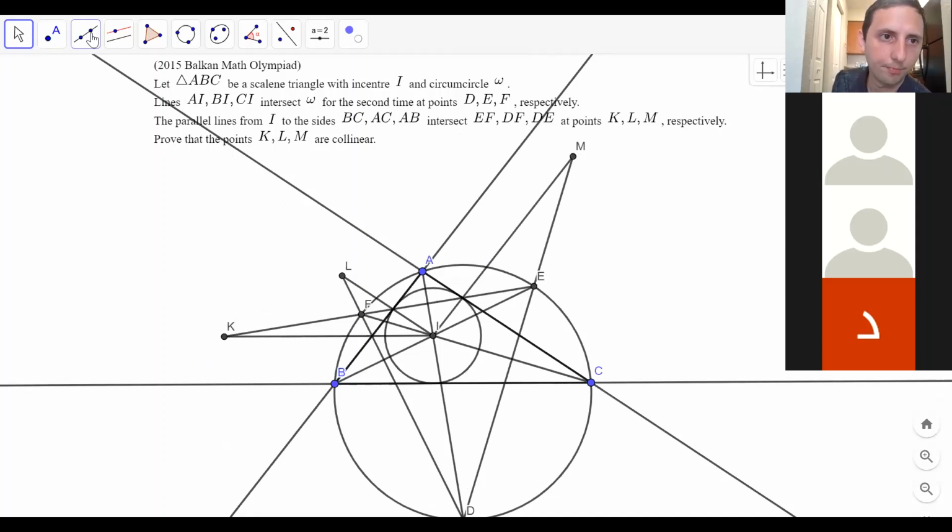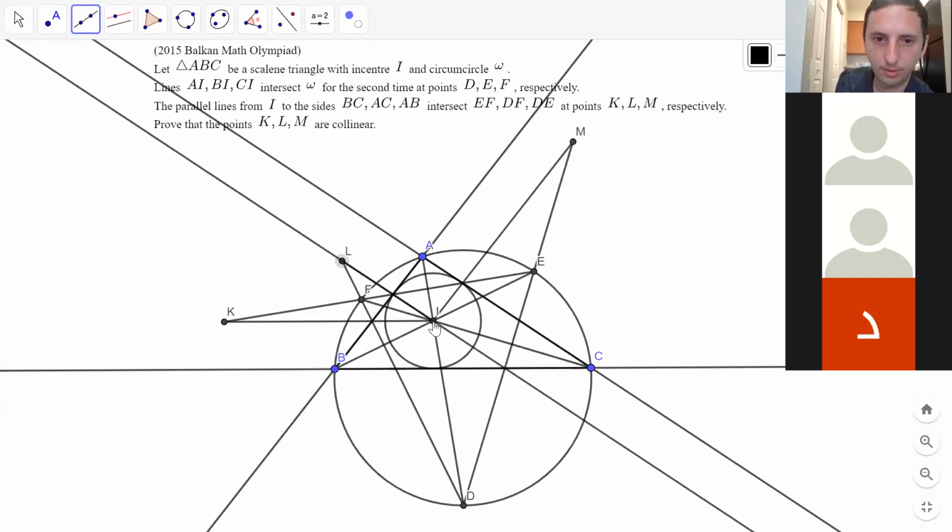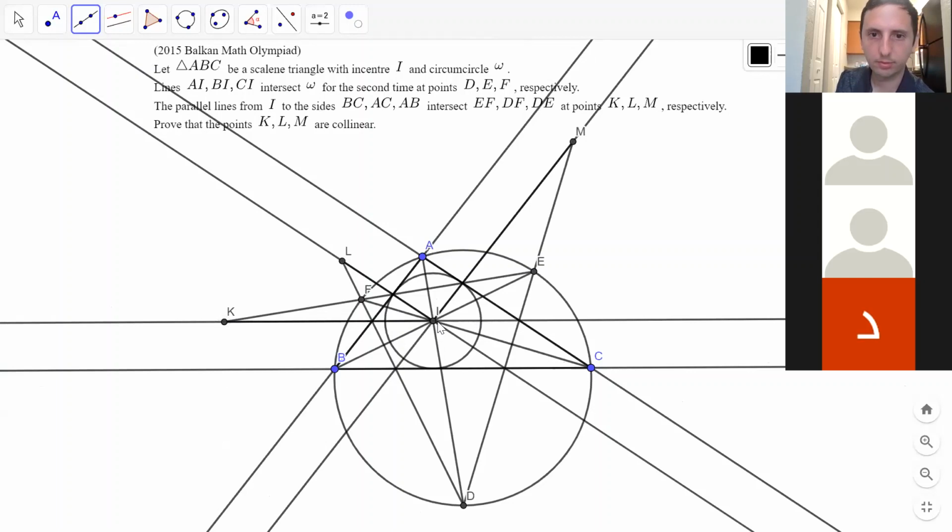Okay, so I'm going to draw Li. Interesting. So that's probably pretty useful. How did you figure that out? Because of parallel lines. Okay.